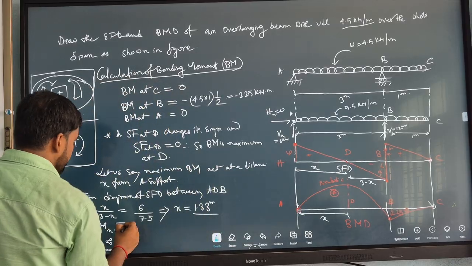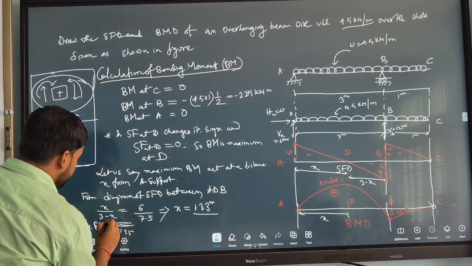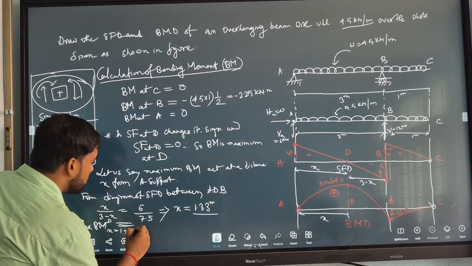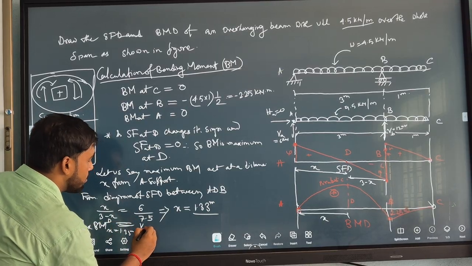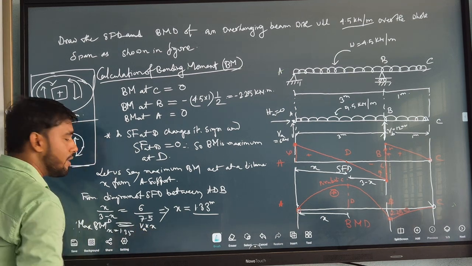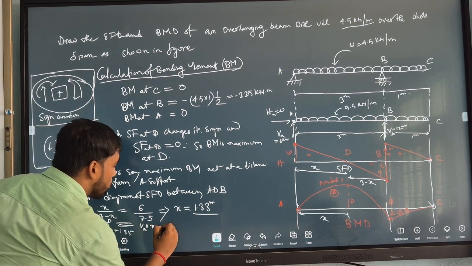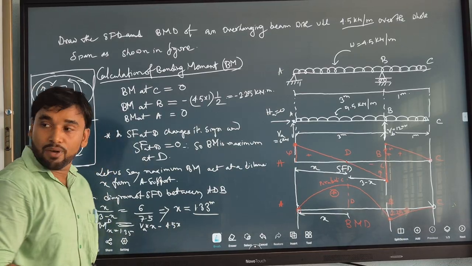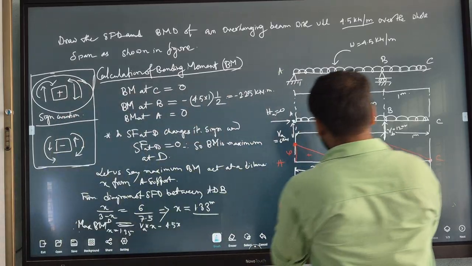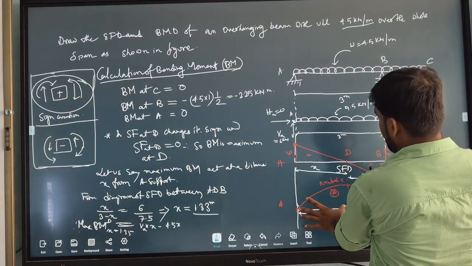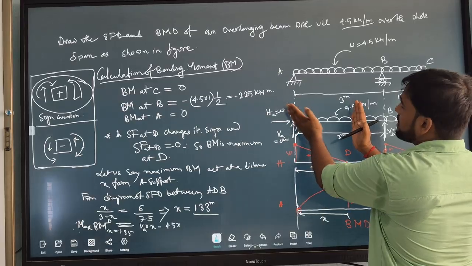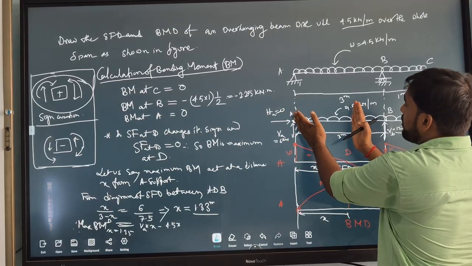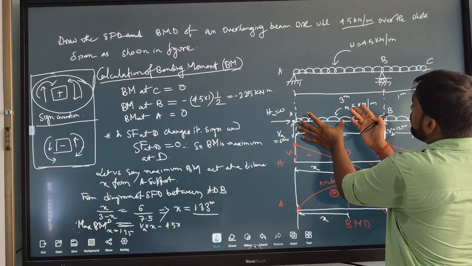Maximum BM at the point of maximum BMD: DA into x minus 4.5 into x into x by 2, because this is your x. You stand here, look towards A, so DA into x meter, and the moment of UDL.